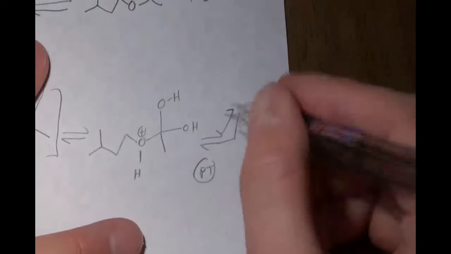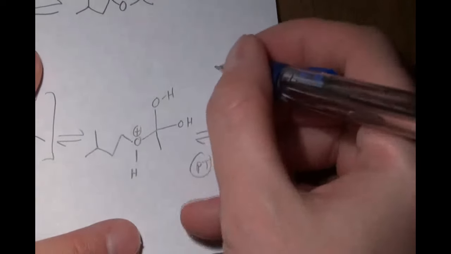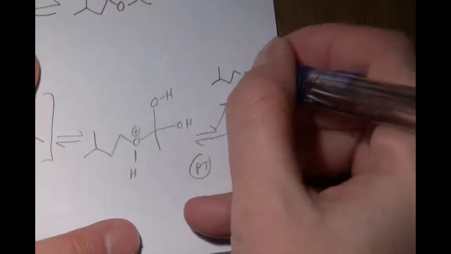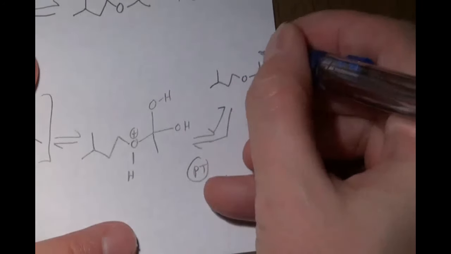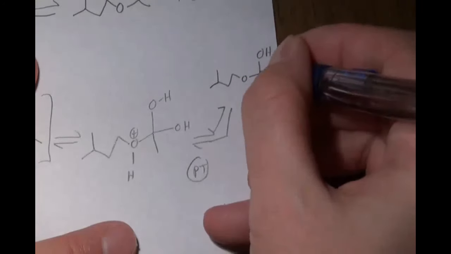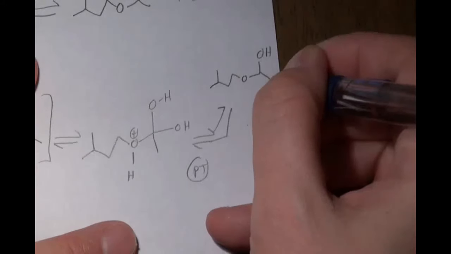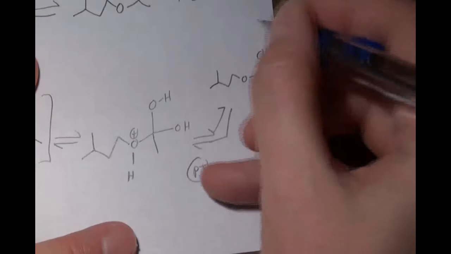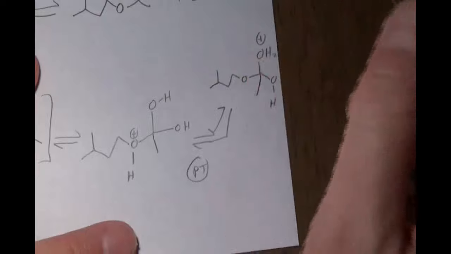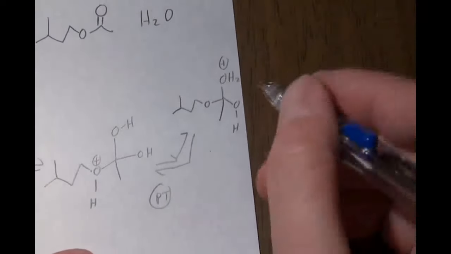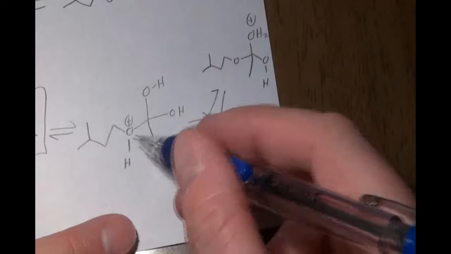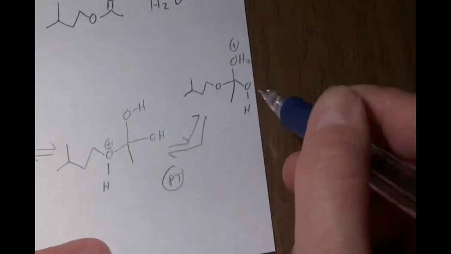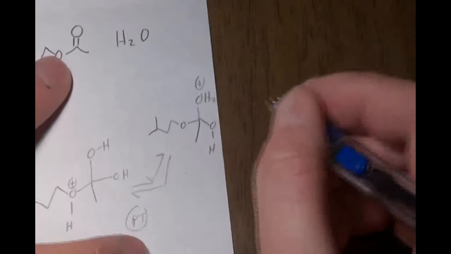So there are weird equilibrium arrows that are bent. It gets a little congested there. I just moved the proton from that oxygen to the top oxygen arbitrarily. Now we're ready to kick off our leaving group.